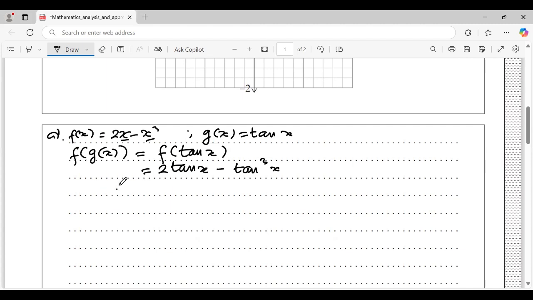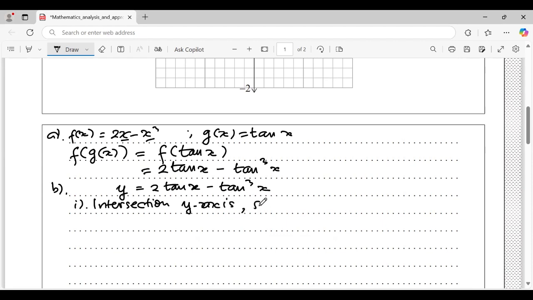I would like to write it as y equals 2 tangent x minus tangent cubed x. Okay, this is for part B because we would like to sketch this graph. To sketch this graph, firstly, we need to find the intersection of this graph and the y-axis.